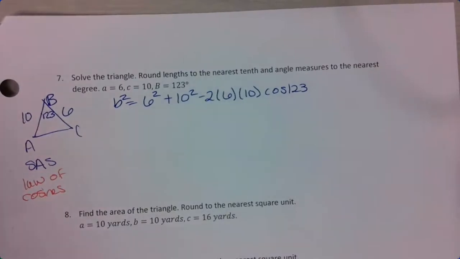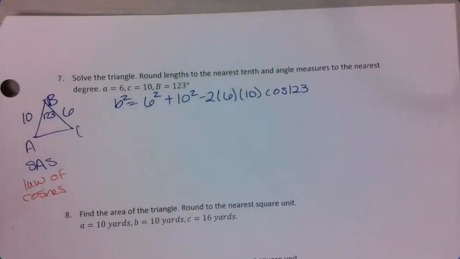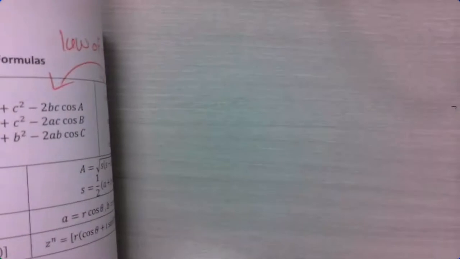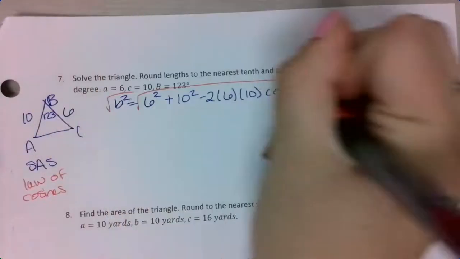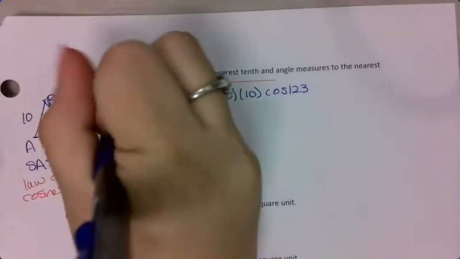Before I go ahead and solve this, I want to double check and make sure I remember the formula correctly. I did. Okay. Then I want to take the square root of both sides before I even type into my calculator.